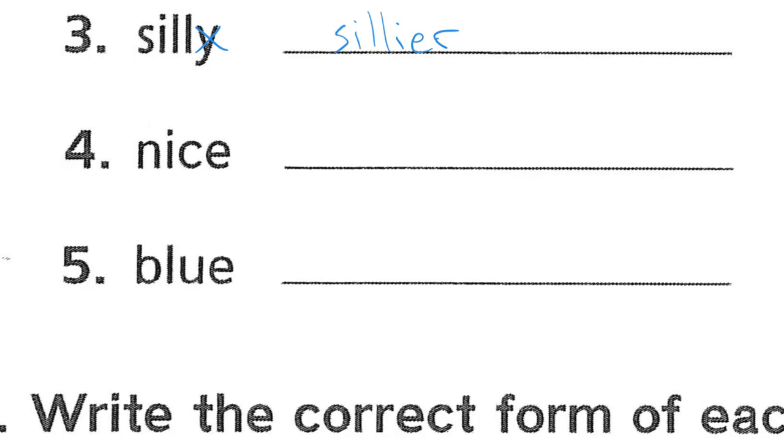Number 4 ends with an E. If you remember the second rule, you have to get rid of that E and then put your ending on. Nicer. And then bluer, oh gosh, we don't use that very often, but it ends in an E. B-L-U, get rid of that E, and put your ER on the end. Okay?